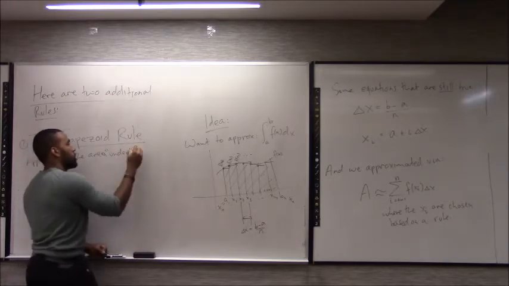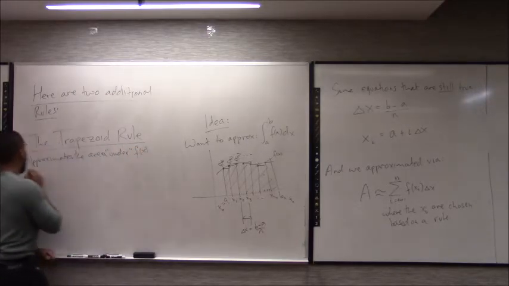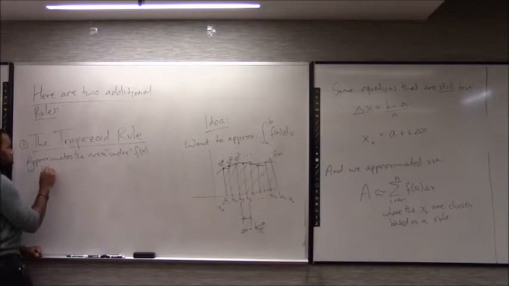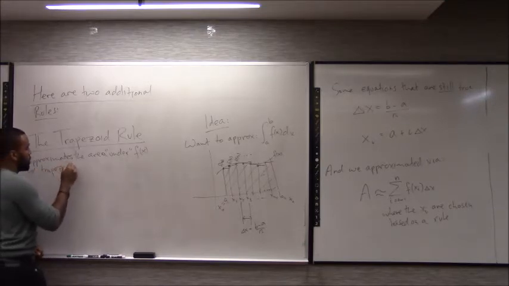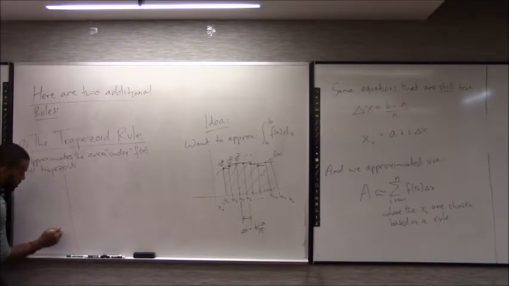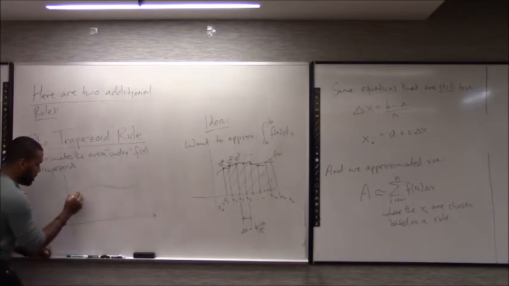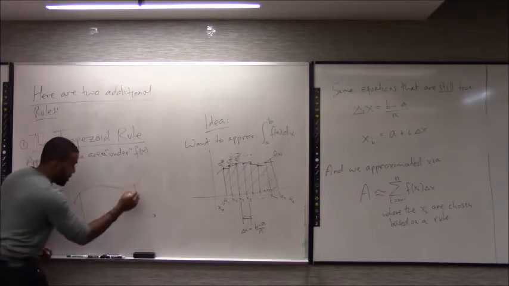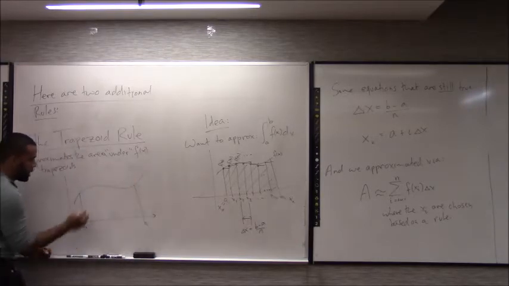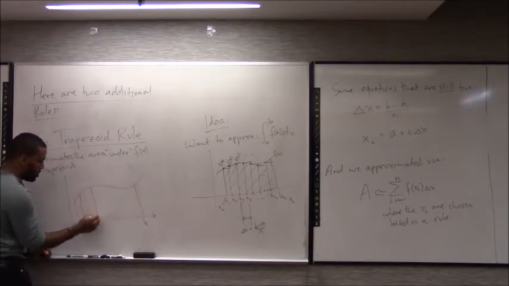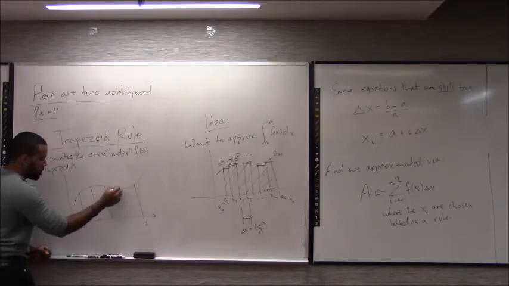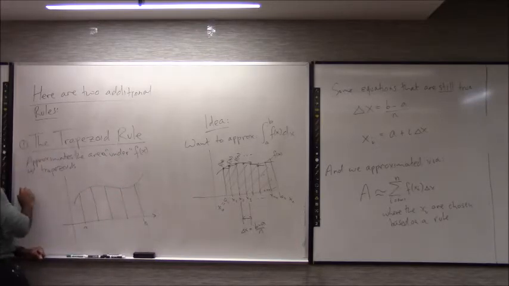Under quotes, x with trapezoids. So, the idea here being, here's a curve, here's A, here's B, and I can split this up into some subintervals, let's say just for illustrative purposes.